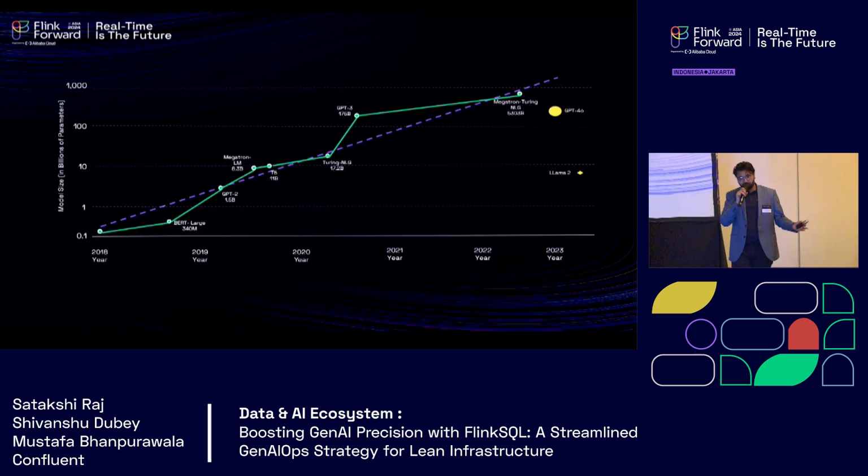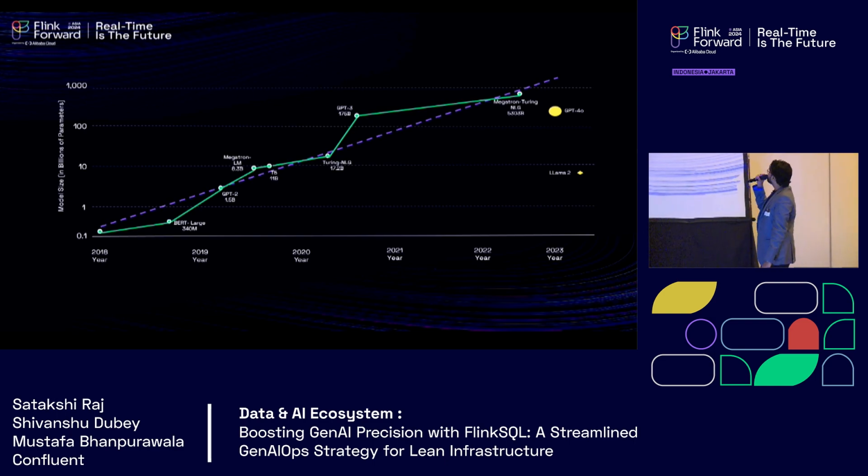Even before discussing the solution, let's talk about the problem in more detail. Here is a graph which shows the evolution of generative AI models along the way. To begin with, GPT-4o is on the top, which has around 600 to 700 billion parameters.